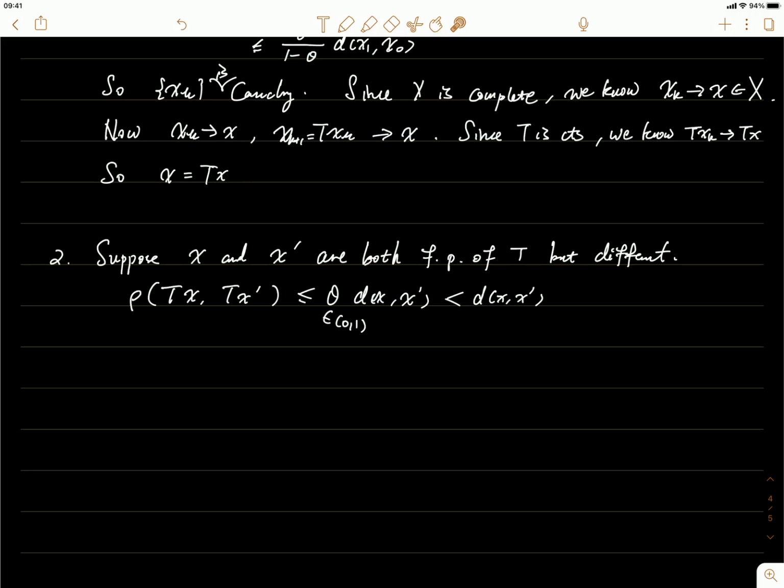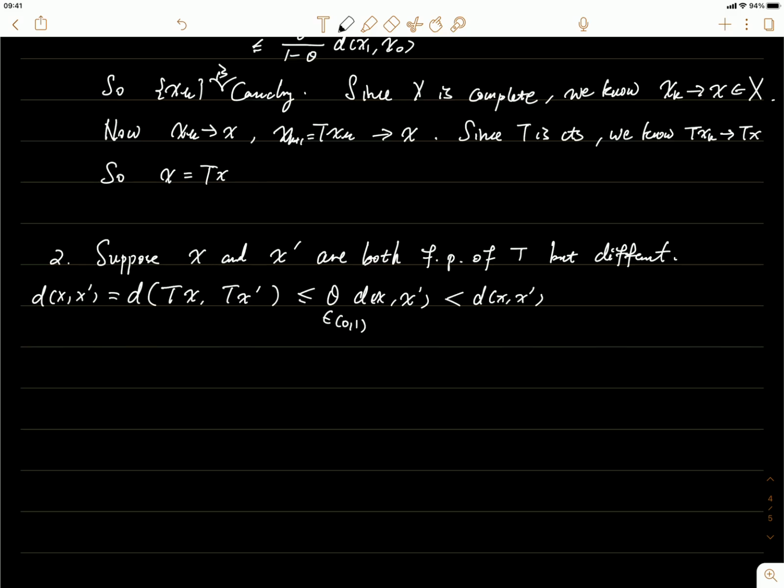Okay, but on the other hand, sorry, this is a d. We do have another space actually. So on the other hand, I know that X and X prime are both fixed points of T. So that means TX is just equal to X, and TX prime is equal to X prime. So this left-hand side is nothing but just X prime.